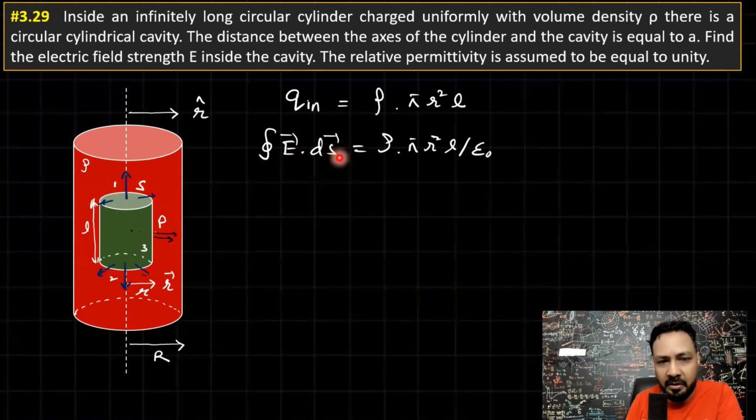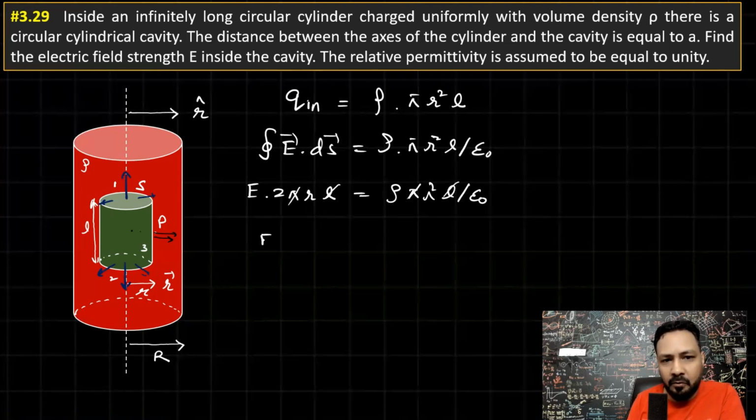So E dot dS on surface 3 will become E into the total area of surface 3, that is 2 pi r into L. So this equals rho pi r square L by epsilon naught, and this L gets cancelled, one pi will get cancelled.